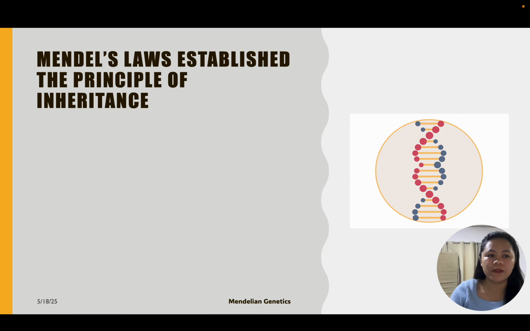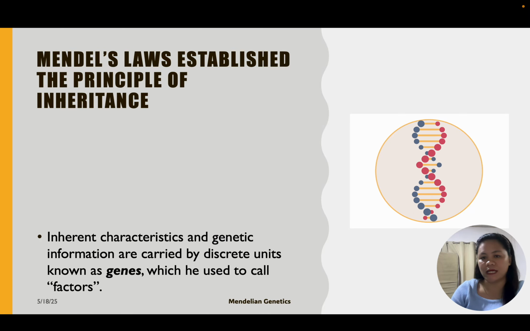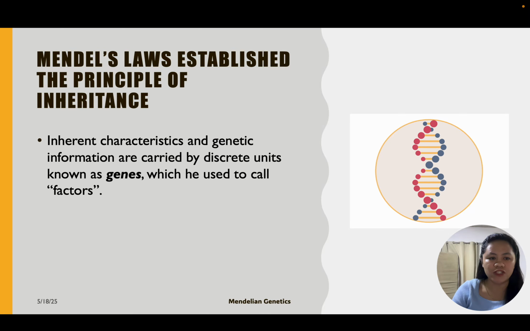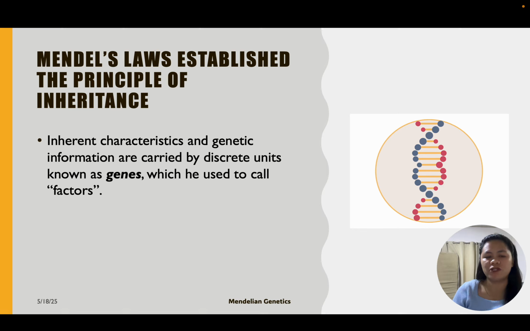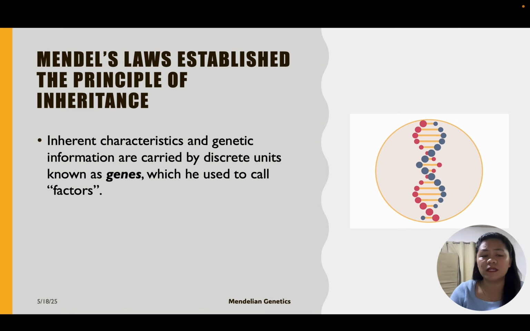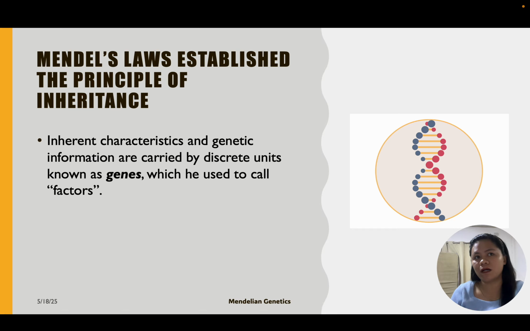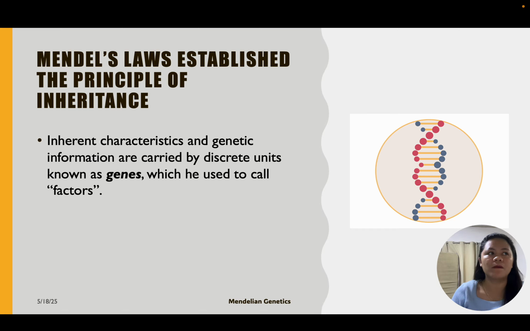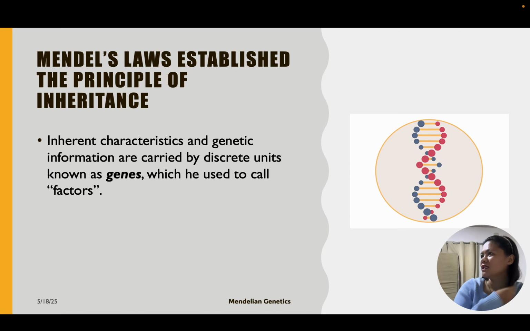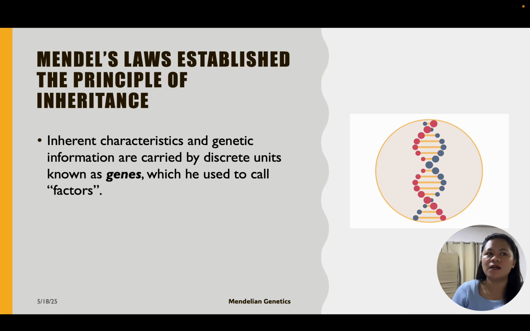So here are Mendel's principles of inheritance. Inherent characteristics and genetic information are carried by discrete units known as genes, which he called factors. These are the traits that will differ us from our siblings.